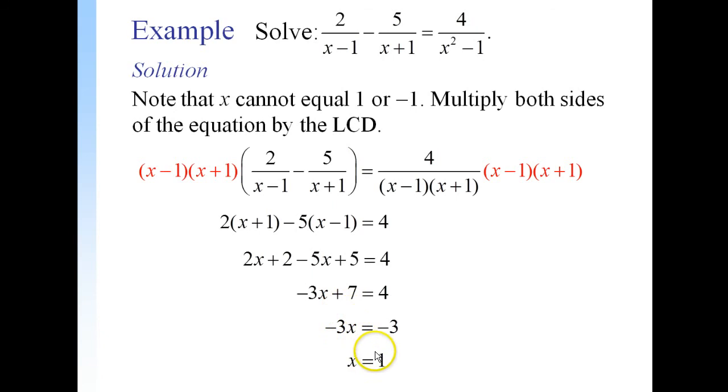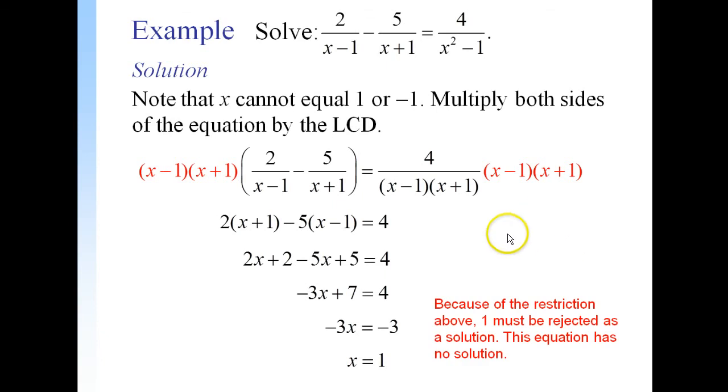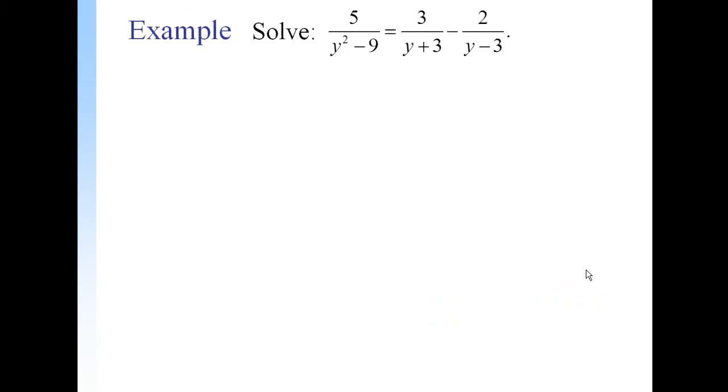And if you put that into MATLAB, they're going to count it wrong, even though you did all of this correctly. So it says because a 1 has to be rejected because it's making this denominator a 0, this equation has no solution. All right, how about this one?